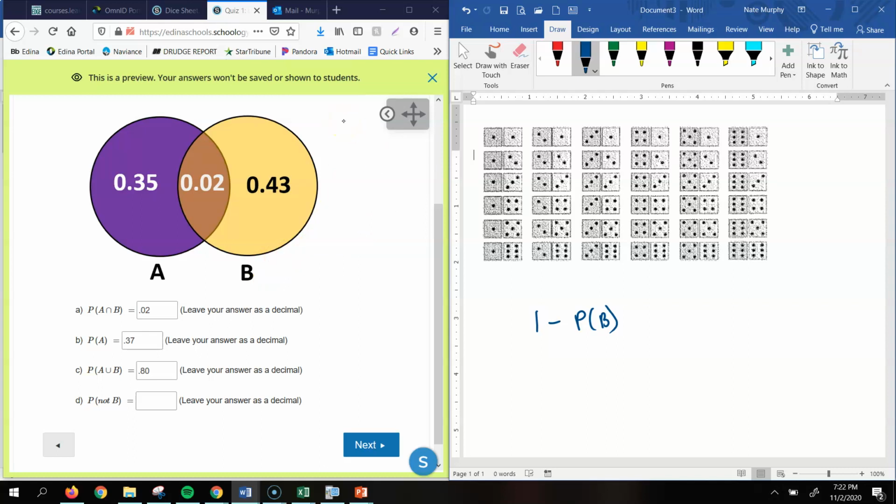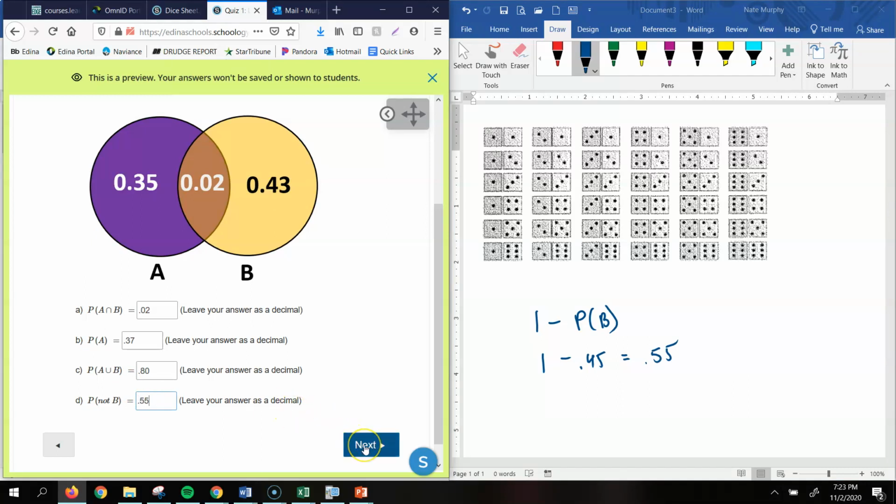So to figure this out, we've got to figure out what's in all of B. What's the probability of having a cat, if we stuck with that example? We would have 0.02 plus 0.43, which is 0.45. So you have 1 minus 0.45, which, when you do that, gives you 0.55 as your answer.